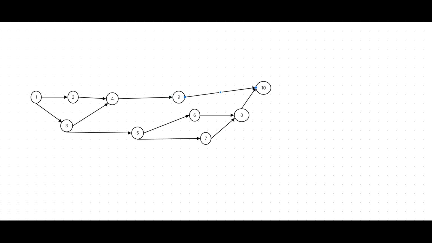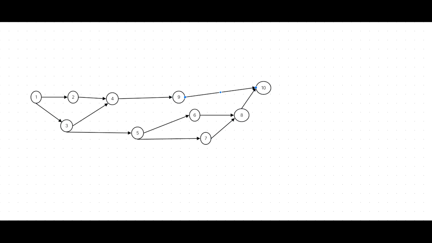Okay, I think now we complete 6 examples. Still, do you have a problem drawing the network diagram? Start from the beginning. Read again the rules and regulations, and just try to draw yourself first and compare with my answer. You can check whether your answer is correct or wrong.